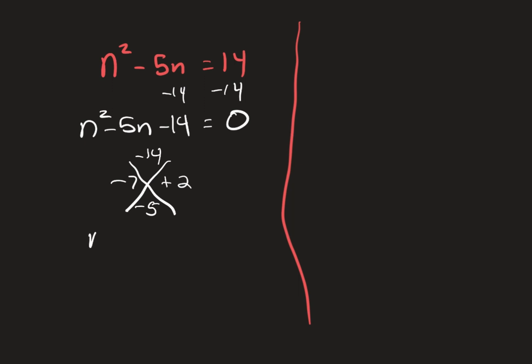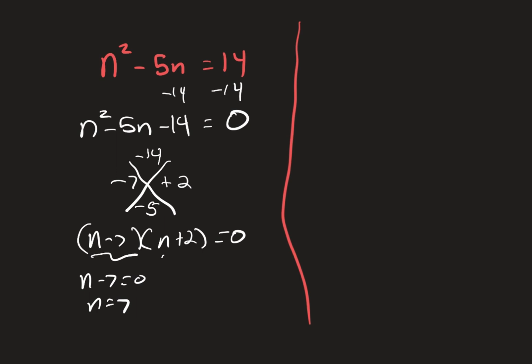So then we've got n minus 7 and n plus 2 that equals 0. What makes n minus 7 zero? 7. What makes n plus 2 zero? Negative 2. Okay. There are your two solutions.